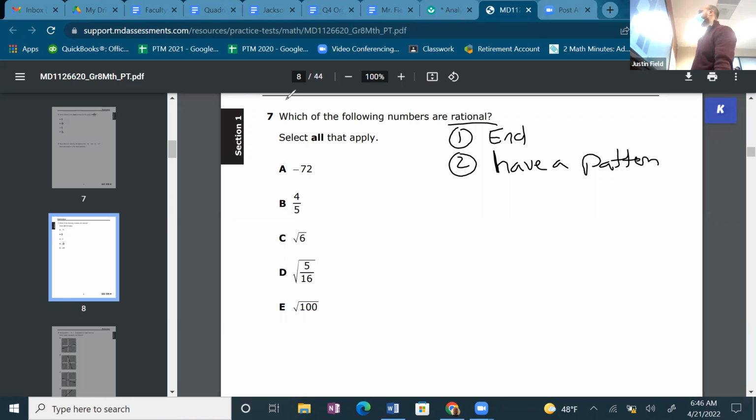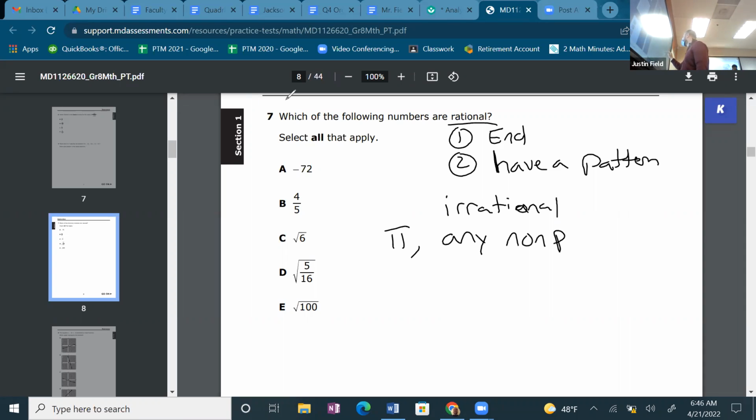So an even better way to know that rational is to know what the irrational numbers are. And everything that's not irrational is rational. So what are irrational numbers? Pi is irrational. And any non-perfect.